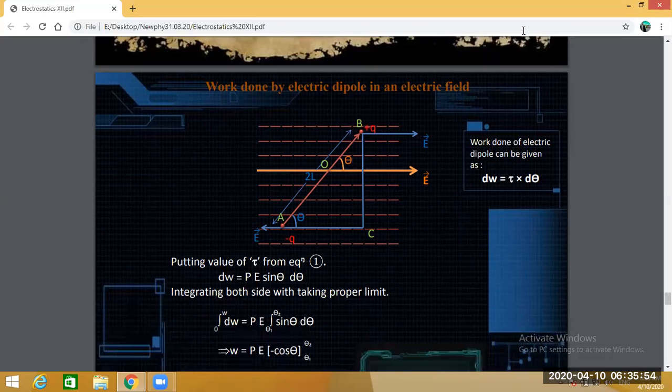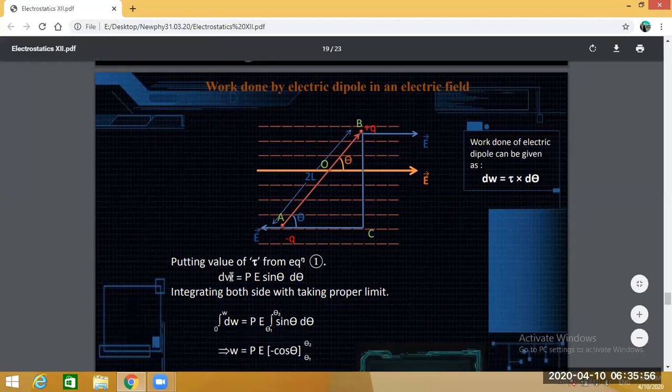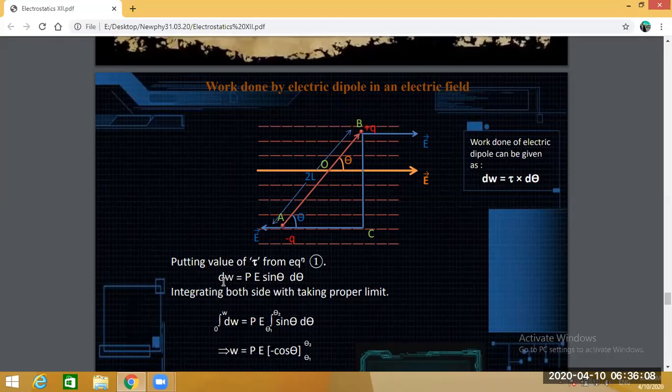So let us check. As the dipole experiences a torque PE sine theta and the angular displacement is d theta, the elementary, or differential, work done is given as PE sine theta into d theta.